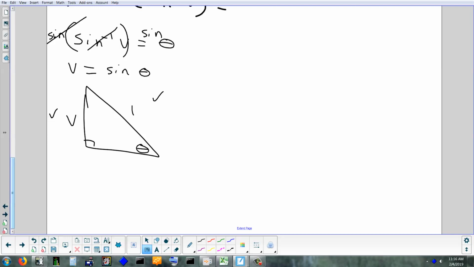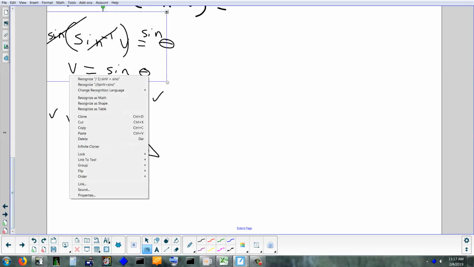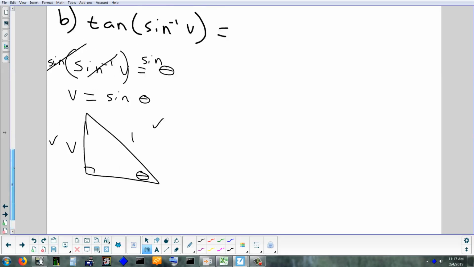Let's check it. Sine of theta, opposite over hypotenuse. V divided by 1, according to my diagram. Yep, according to the formula up above, it should be V. That's exactly what it should be. Now we're ready to get the final answer, but that usually involves figuring out that side.